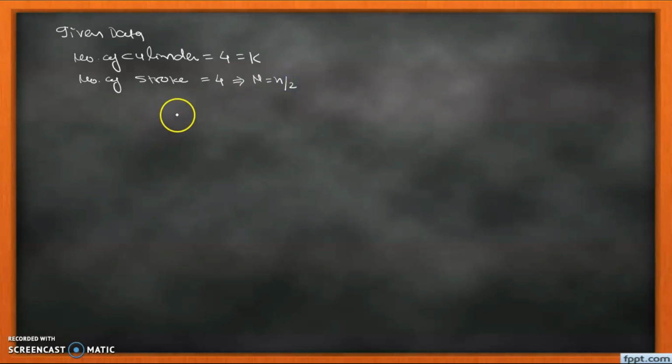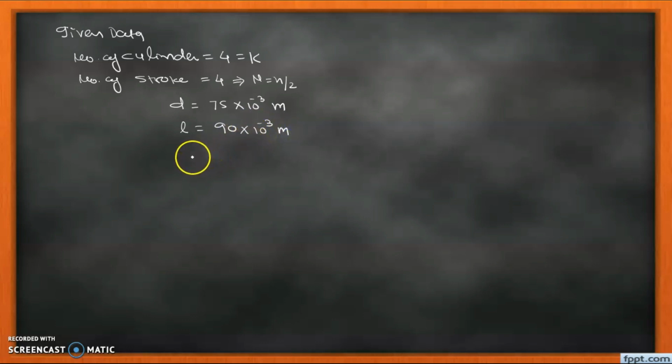Then the diameter, that is the bore of the cylinder, is given as 75 millimeter, so we multiply it by 10 to the power minus 3 for conversion of millimeter into meter. The length of stroke is 90 millimeter, so again we multiply it by 10 to the power minus 3.